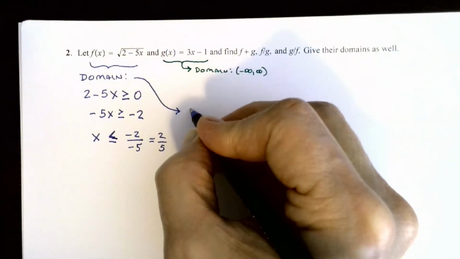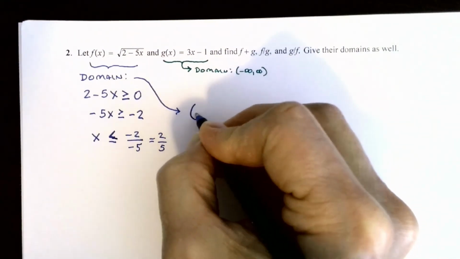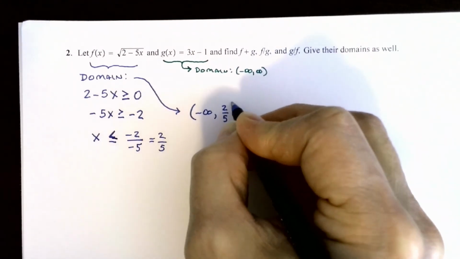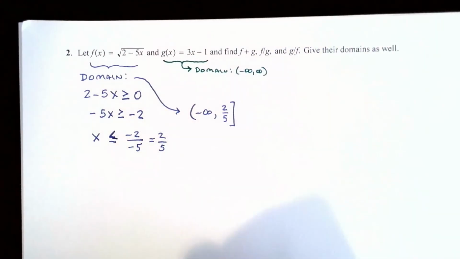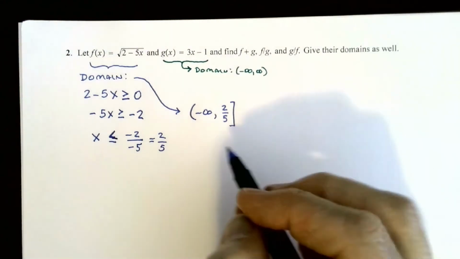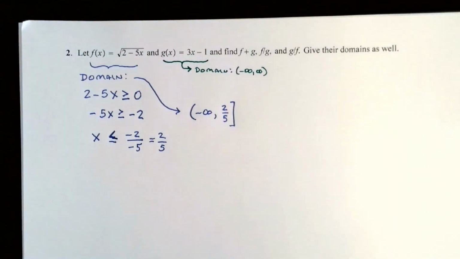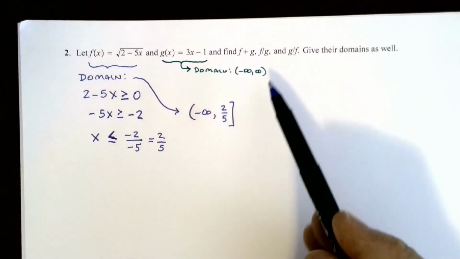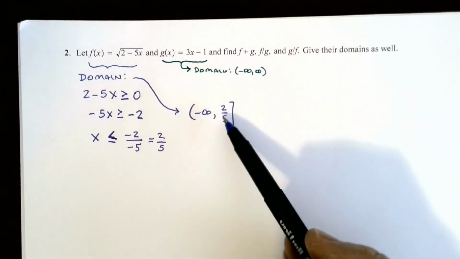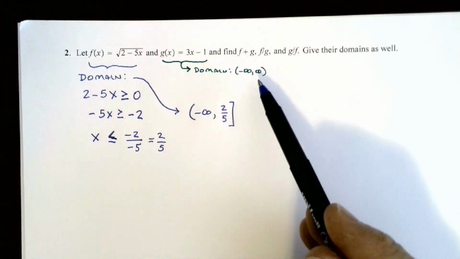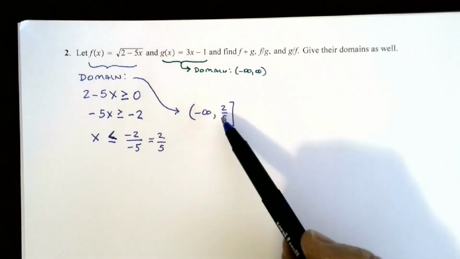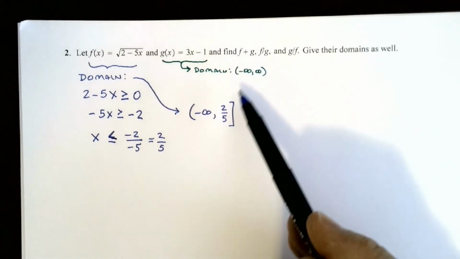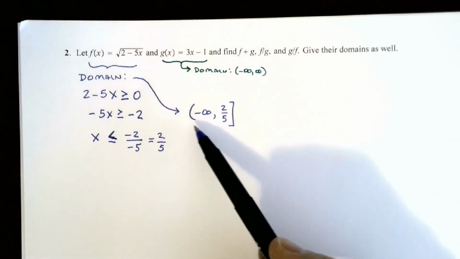So how do you write that in interval notation? All right, a bracket on the 2/5, so we include it: any number less than or equal to 2/5. That's going to be important, because when we talk about the domain of these functions, what's common to both? These values are all contained in there, and so this smaller one is what's common to both.